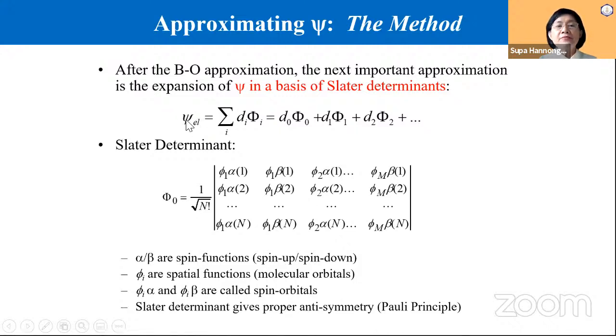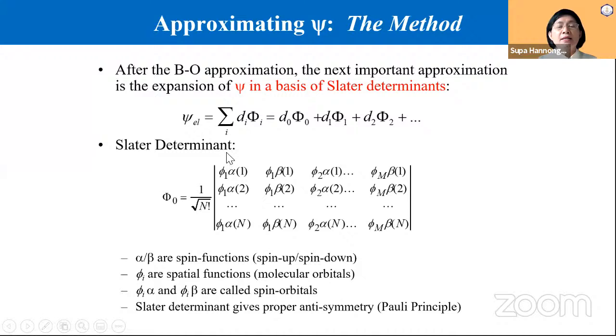So let's see the psi EL, that means the wave function of the electrons, which stands for the summation of the small wave functions. So we can have wave functions that we denote phi 0, phi 1, and phi 2.